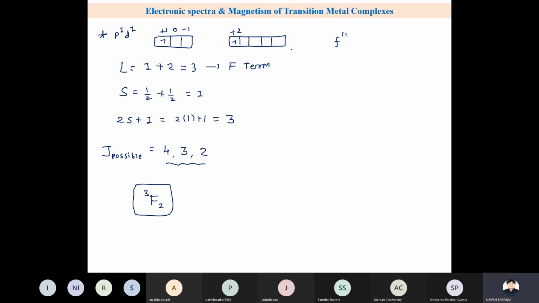Now, in the next lectures we will discuss electronic spectra. Up to here, if you have any doubt, tell me, because we are running two chapters parallelly: one is crystal field splitting, and the second is electronic spectra and magnetism of transition metal complexes. So we will resolve it.